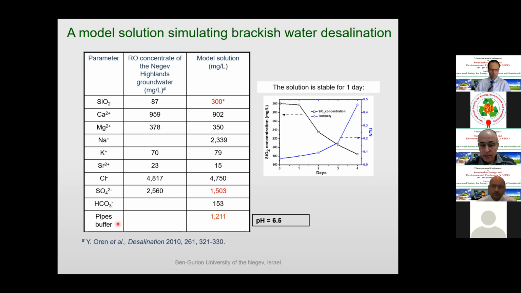This is an organic buffer that keeps the pH at 6.5. The solution was stable for at least 24 hours. Here you can see the monitoring of the solution over time by measuring the turbidity and the silica concentration in solution. For at least 24 hours, it was stable.